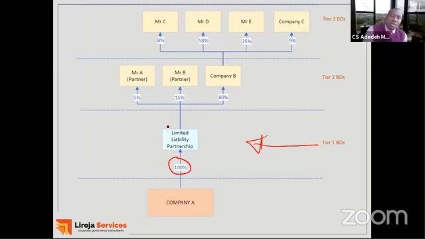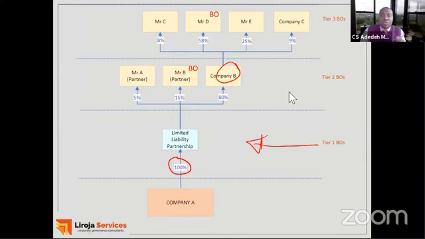And then we again look at the partnership deed to establish the equity stake by each of the partners. Now, by looking at that alone, we identify Mr. B, who has a 15% stake, as a beneficial owner. Now, company B has an 80% stake. So again, we apply the 4 criteria on company B. And then we find that company B has individuals who meet this criteria.